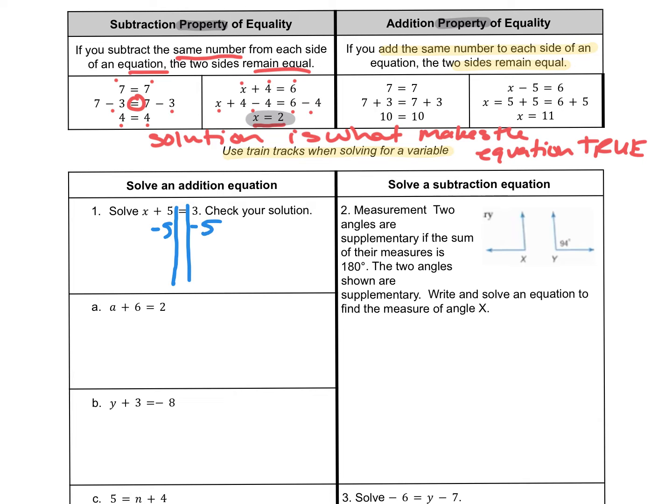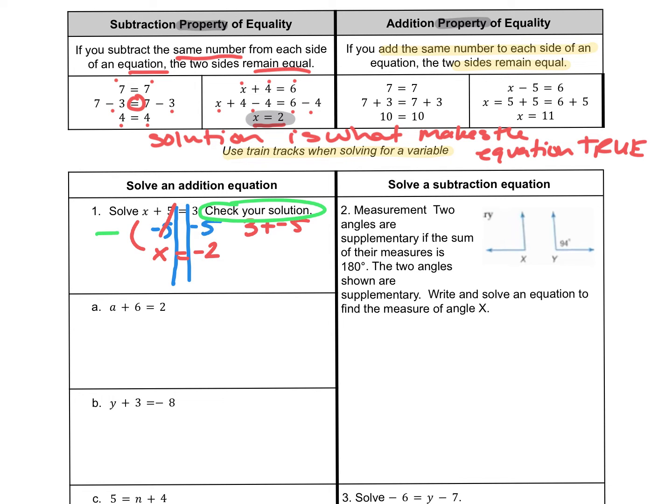And then remember opposites, additive inverse, 5 minus 5 is 0. So I'm just left with x equals 3 minus 5, that's 3 plus a negative 5, more negatives than positives, negative 2. And if you're not confident in that adding, subtracting, definitely plug it in to check your solution.